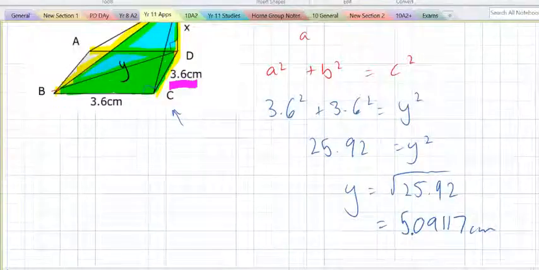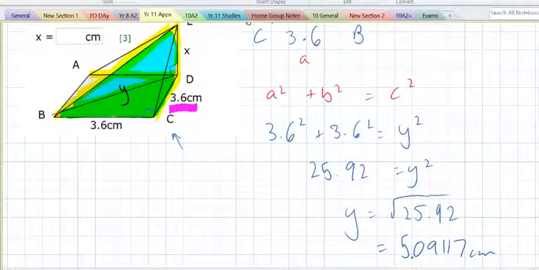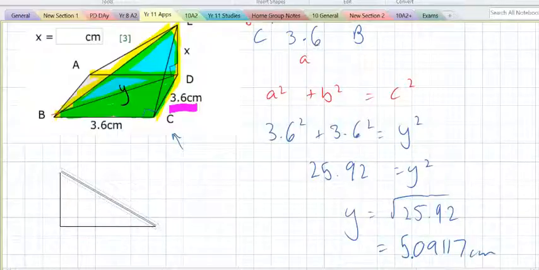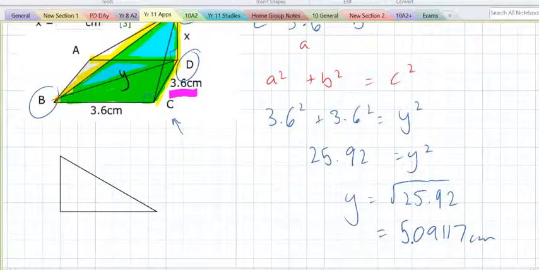So now which triangle are we going to draw in 2 dimensions? What are the vertices of it? What's our second triangle for finding x? It was highlighted in sort of a bluish colour. It's going to be DBE, and D has the right angle.